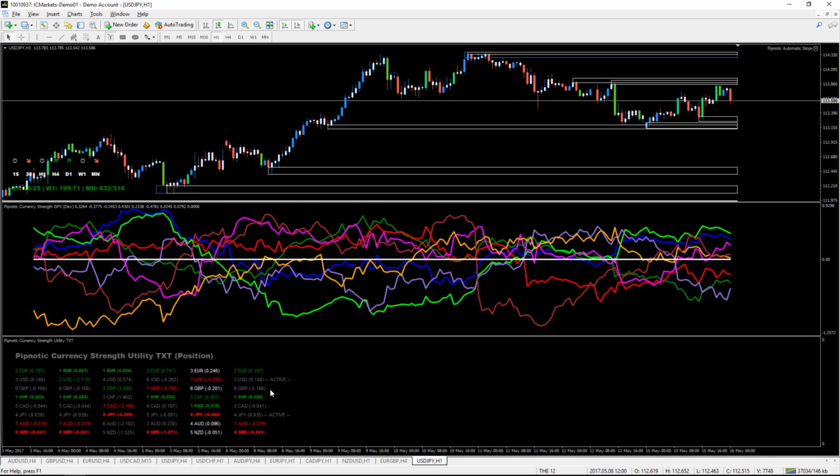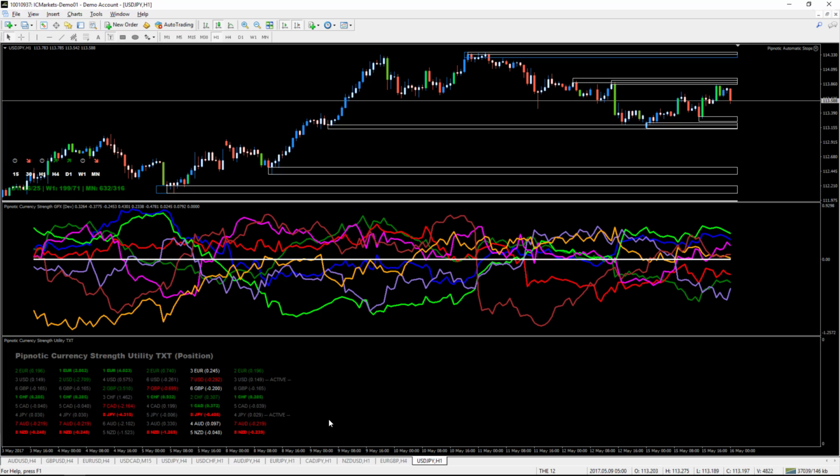We have to focus on this, because here we can see we have the euro being bought, we have the franc being bought, we have the Kiwi and the Aussie being sold. That's all we need to know. This is showing us what's going on the hourly chart. This is showing us what's going on all of the time frames, from the monthly down to the half an hour, which is incredibly powerful, very, very powerful.